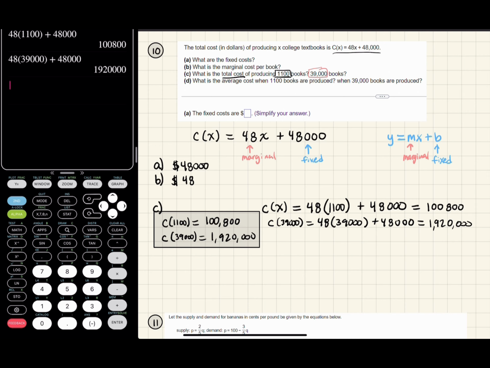And part D is asking us to find the average cost for producing 1,100 and 39,000 books.